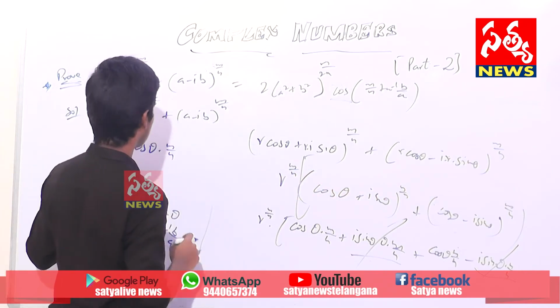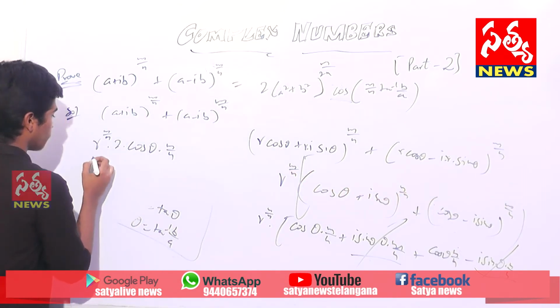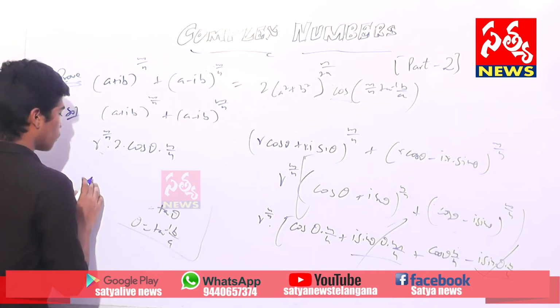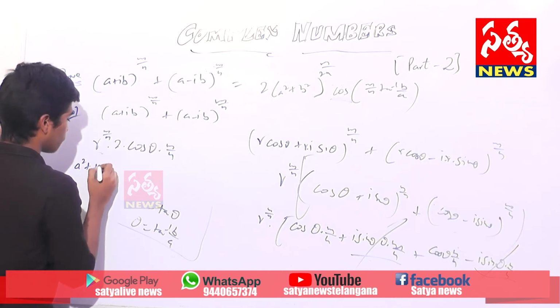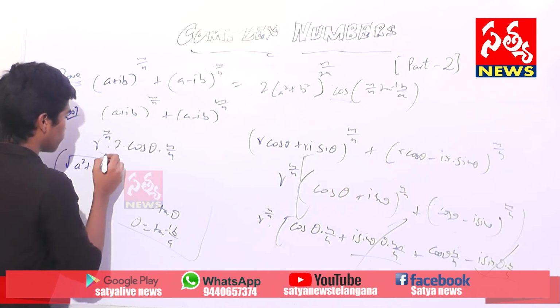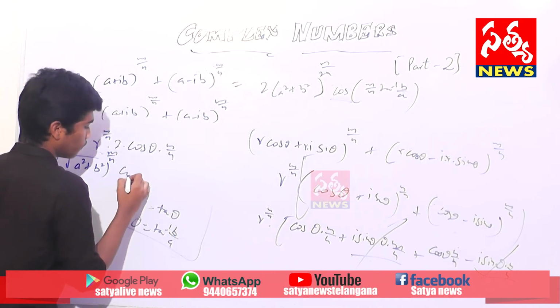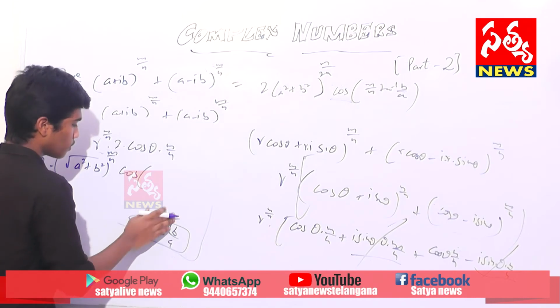Now, in the place of theta, we can write tan inverse of b by a, and in the place of r, we can write under root a square plus b square, whole power m by n, into cos of m by n into tan inverse of b by a.